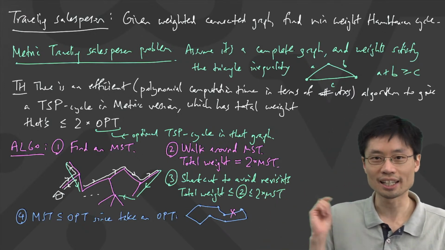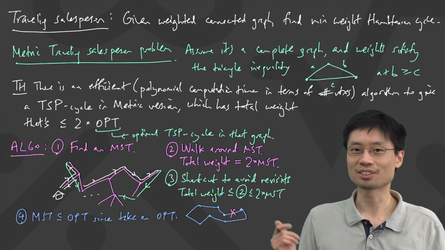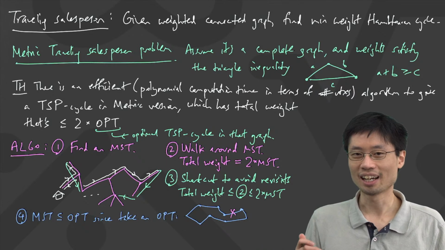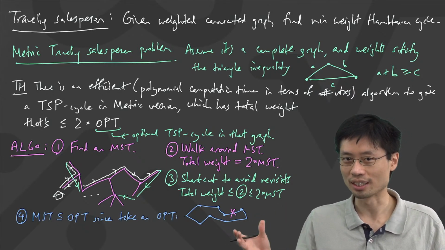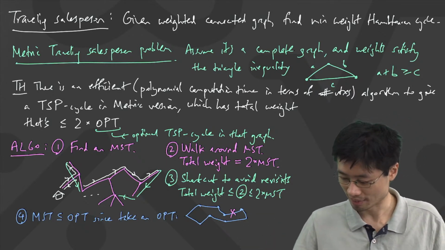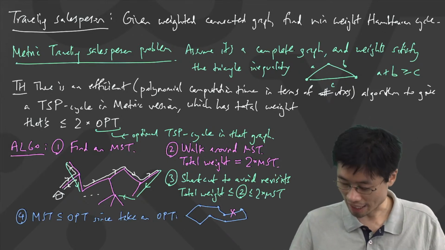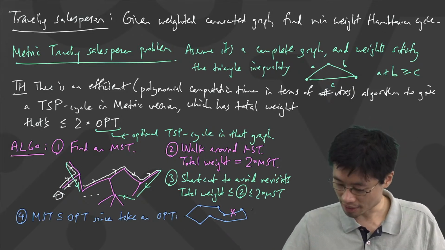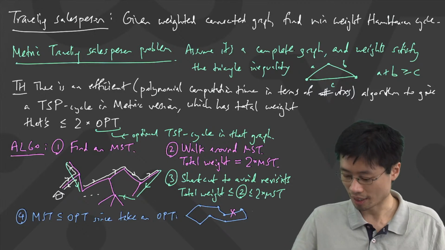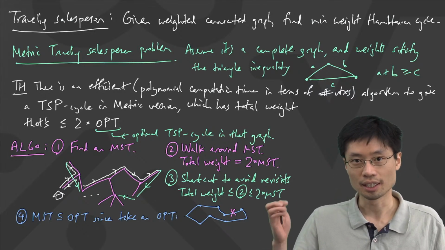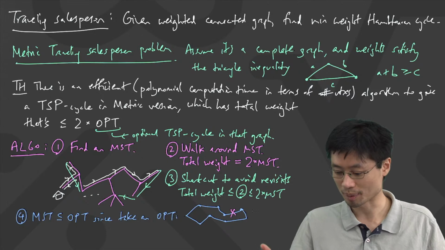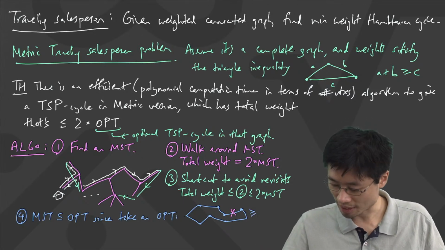If you delete that edge for fun, I get a spanning tree. And therefore, the weight of that spanning tree is at least the MST. So after deletion, if I delete it, then that is a candidate for the minimum spanning tree, but that means it's at least the MST.